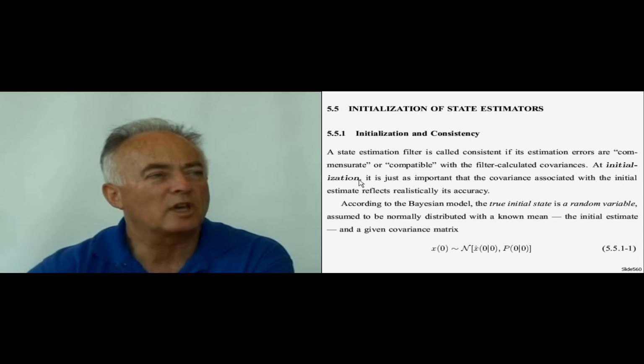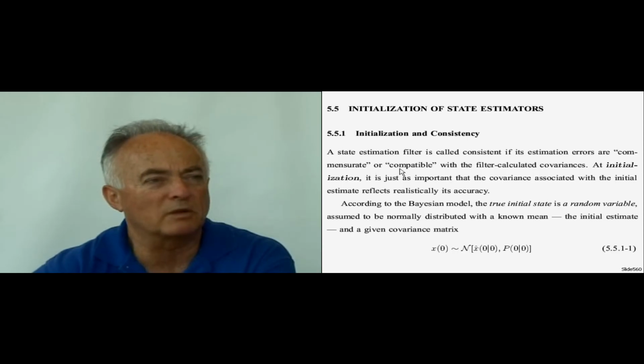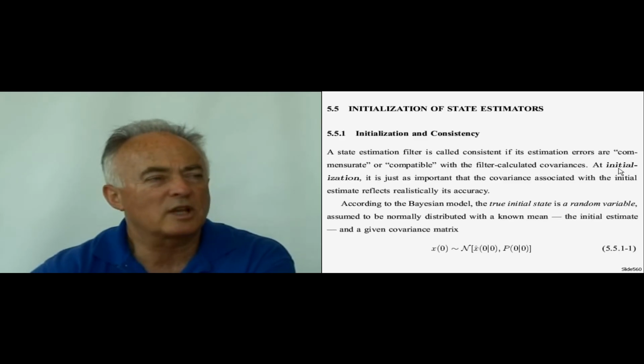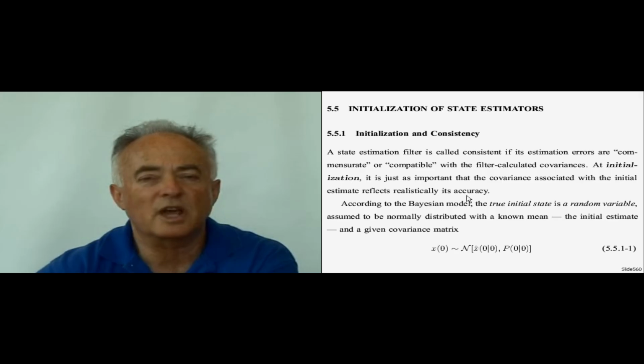So what we have defined before is that a state estimation filter is consistent if its estimation errors are commensurate or compatible with the filter calculated covariances. At the initial time, when we initialize a filter, it is just as important that the covariance associated with the initial estimate reflects realistically its accuracy.